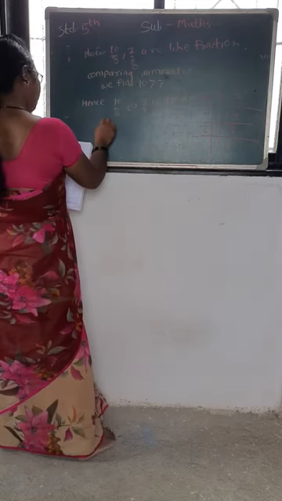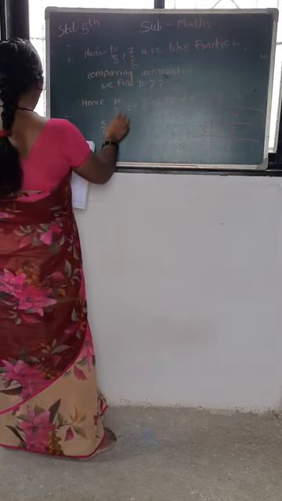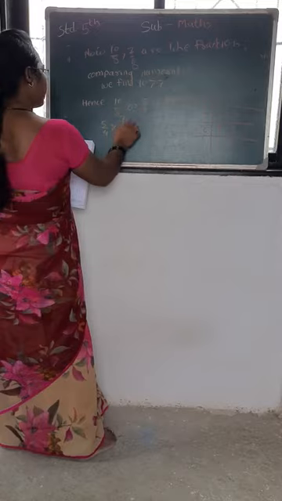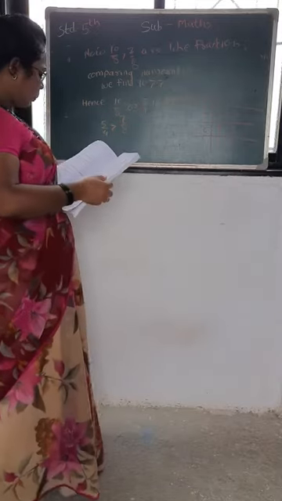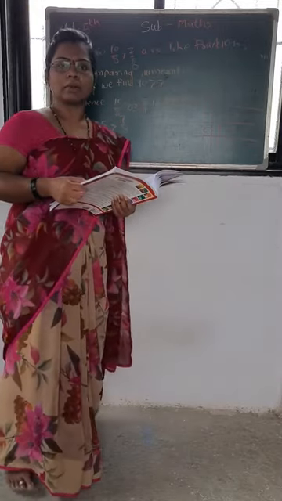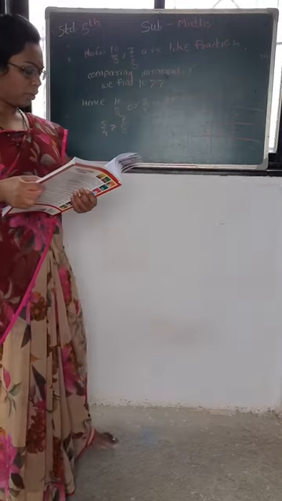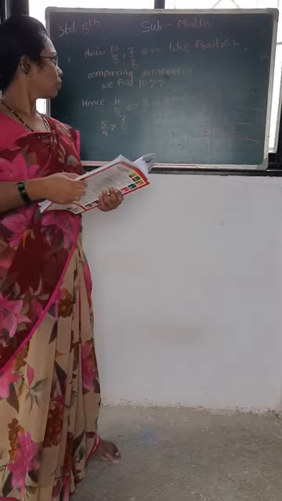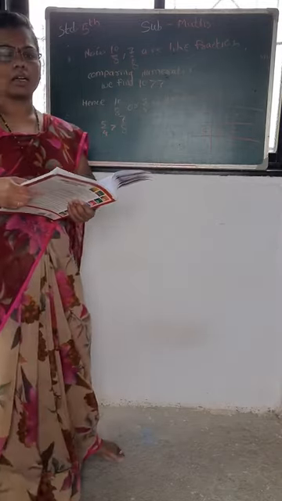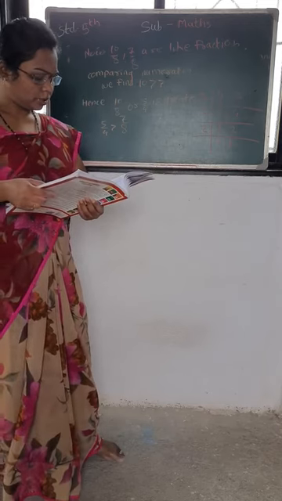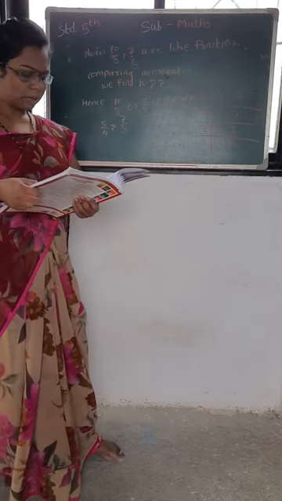Therefore, 5 by 4 is greater than 7 by 8. This is comparing unlike fractions.